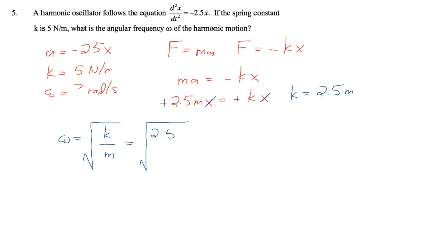So 2.5m divided by m. You can see the m's cancel out. So the angular frequency is just going to equal the square root of 2.5 as a number. Now the units are going to be radians per second, and the square root of 2.5 is 1.58 radians per second.